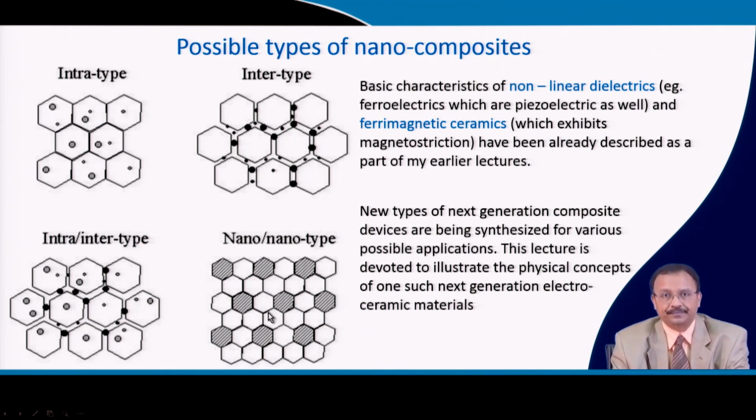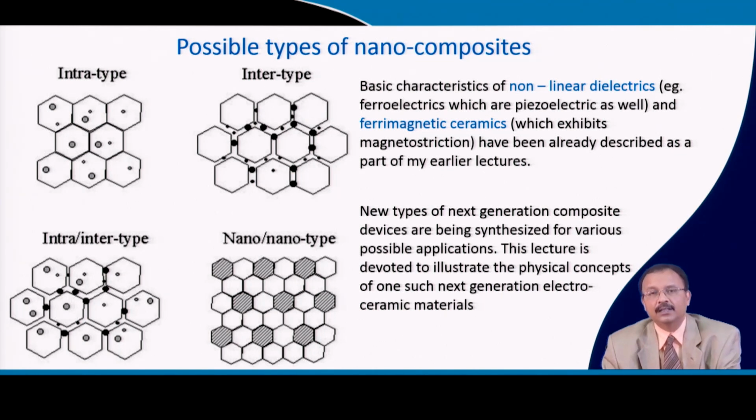So, the basic characteristics of the nonlinear dielectrics, that is ferroelectric, I have already talked about. This ferroelectric material is piezoelectric as well, and we also talked about ferrimagnetic ceramics, which usually exhibit a property like magnetostriction.